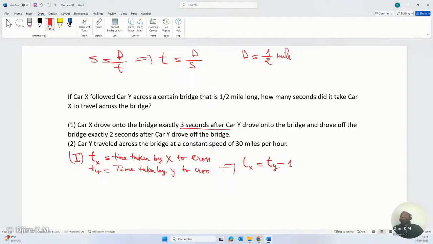Okay, so if car X drove off the bridge exactly 3 seconds after car Y, that means they were driving at the same speed. But if it drove off 2 seconds after, which is less than the 3 seconds after which it started driving after car Y, then we can definitely say that it took car X the time that it took car Y to drive, minus 1 second.